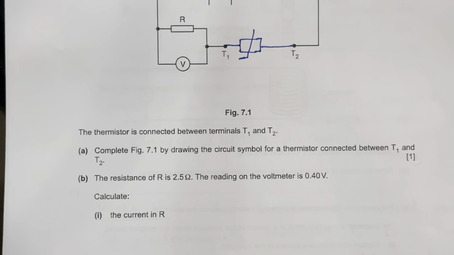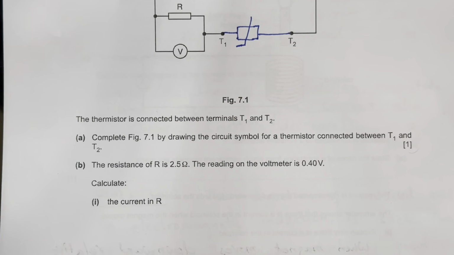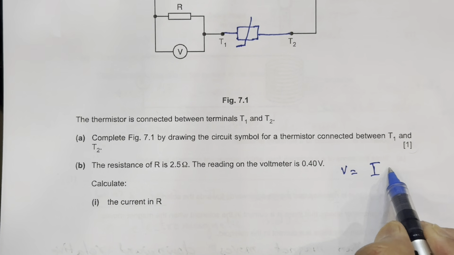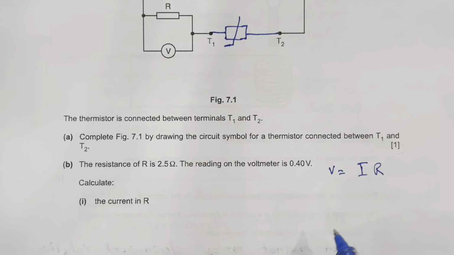The resistance, part B, the resistance of R is 2.5 ohm. The reading on the voltmeter is 0.4 volt. Calculate the current in R. This is the question of Ohm's law. We know that Ohm's law has a formula of V is equal to IR.